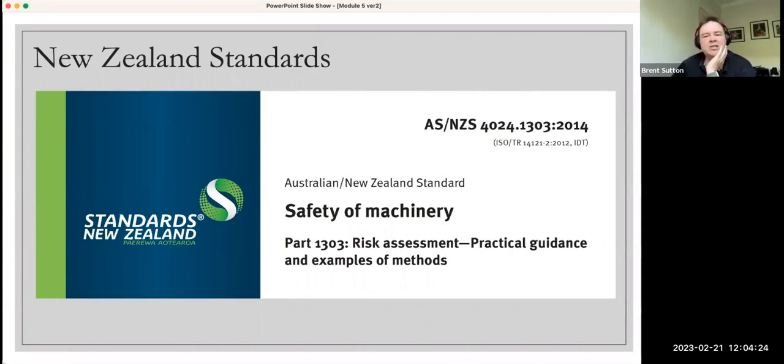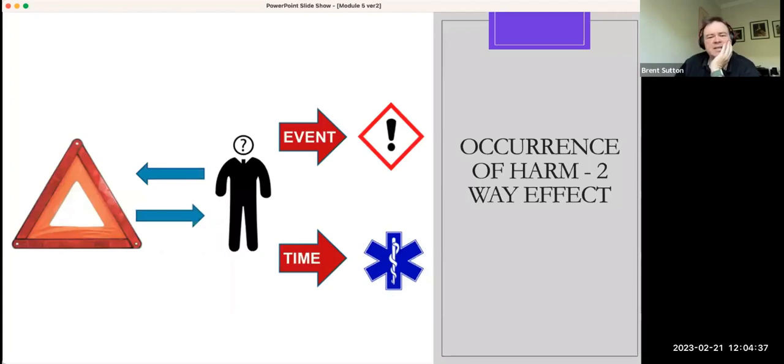How we manage those risks is governed by the standard 4024.1303, which is the risk assessment standard. That standard says you have to understand the occurrence of harm and the two-way effect. It separates the difference between an event, which typically can lead to physical harm, although it can be a health-based harm.